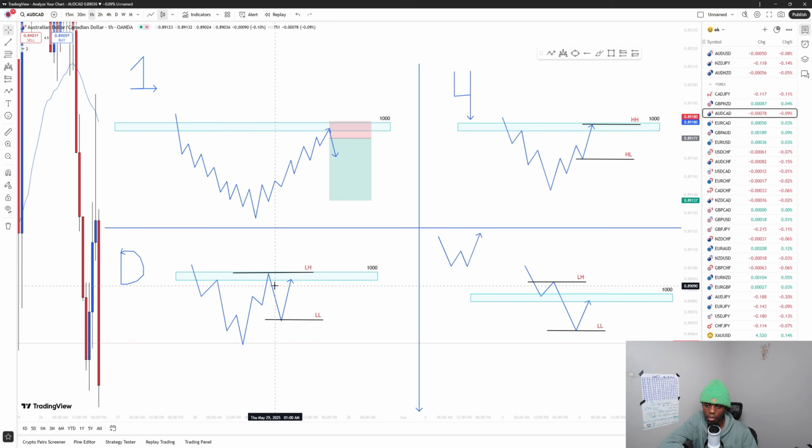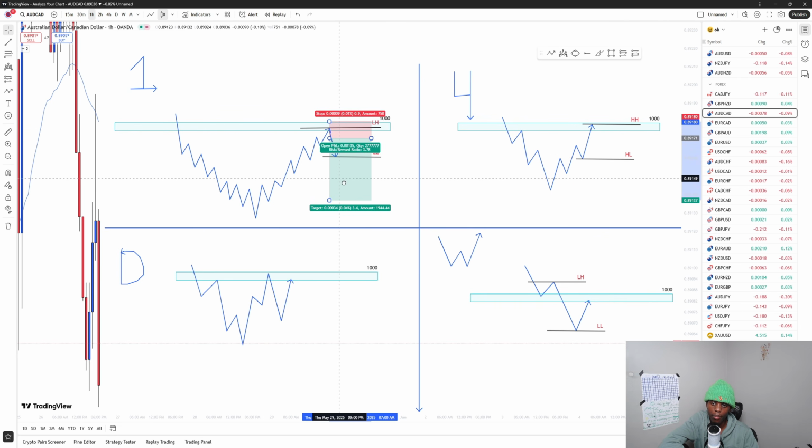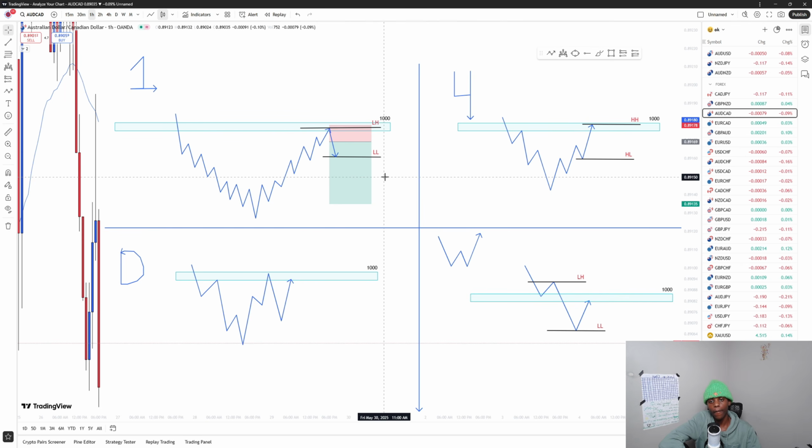Let me grab this right here. Now this becomes the lower high, lower low. We are bearish, we enter. And then from here you will see something like this. From here we will continue creating lower lows and lower highs, and then we do something like this.